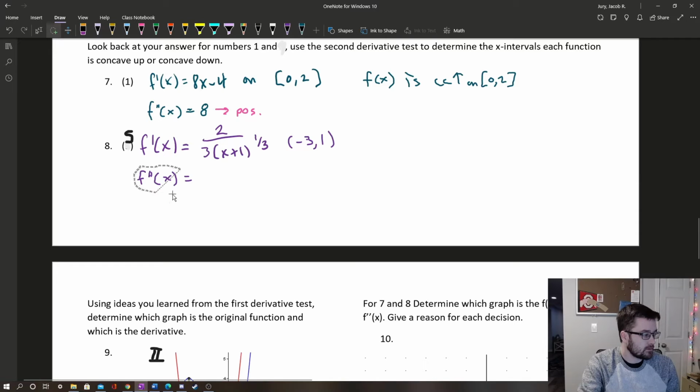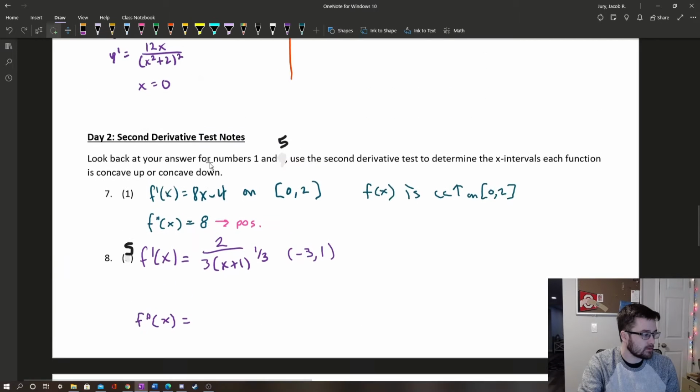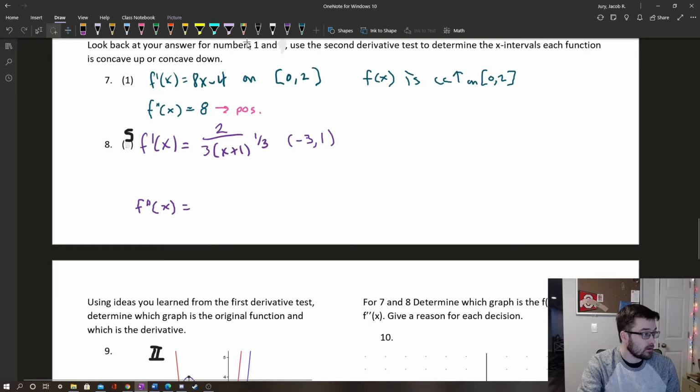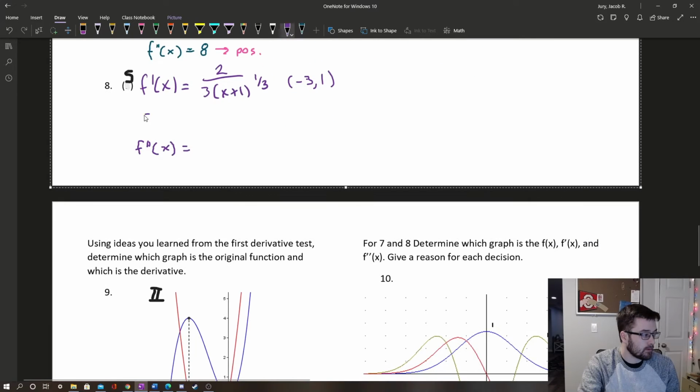So I'm going to rewrite f prime of x, and I'm going to have 2/3 (x plus 1) to the -1/3.